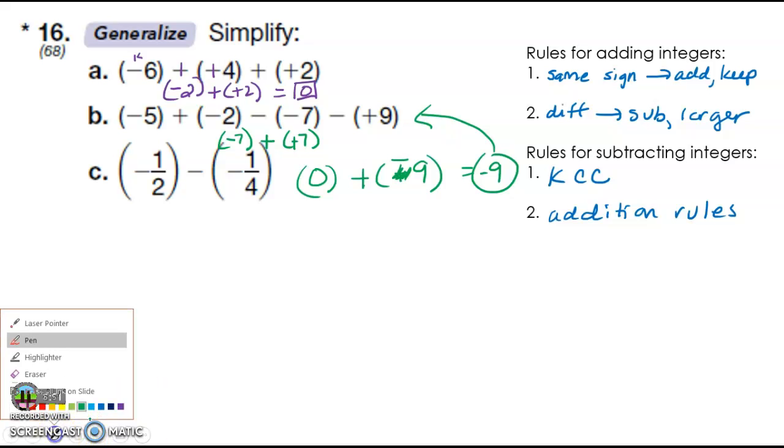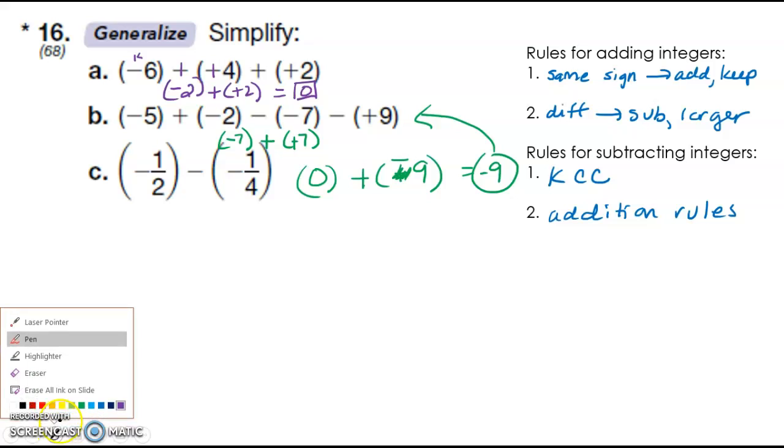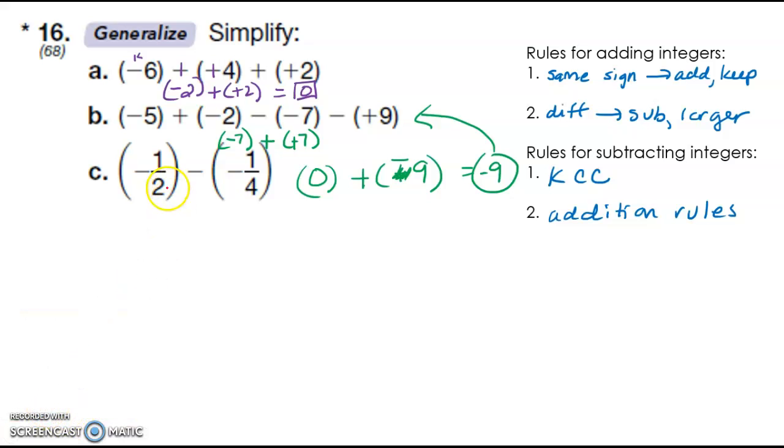Let's do red. And then lastly, I have a subtraction problem here. Negative 1/2 minus negative 1/4. I'm going to keep, change, change. So I have negative 1/2 plus a positive 1/4.